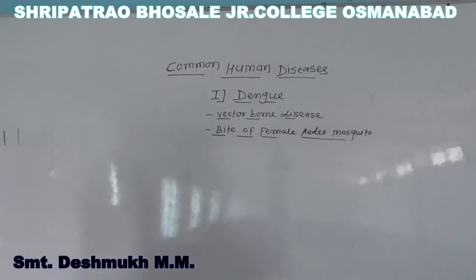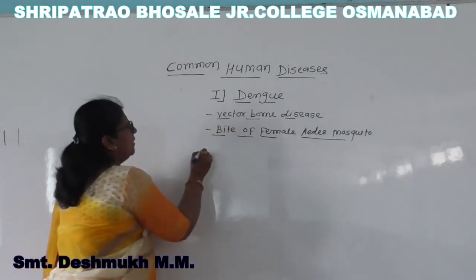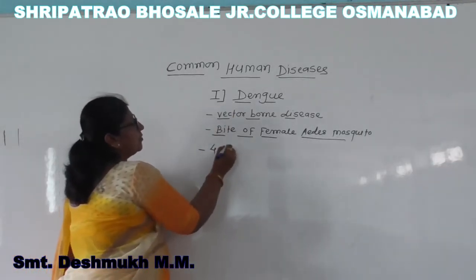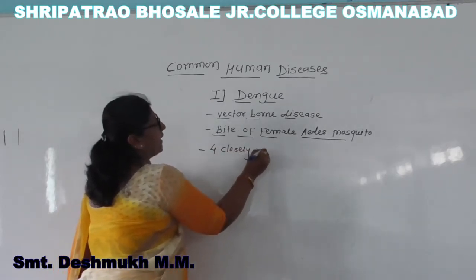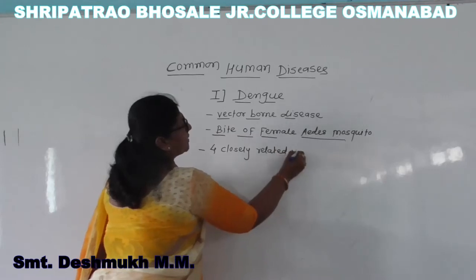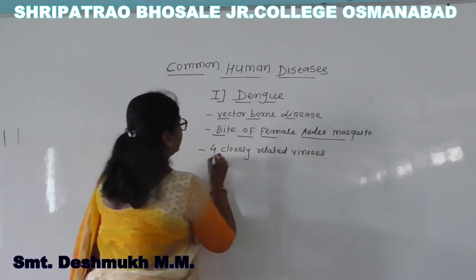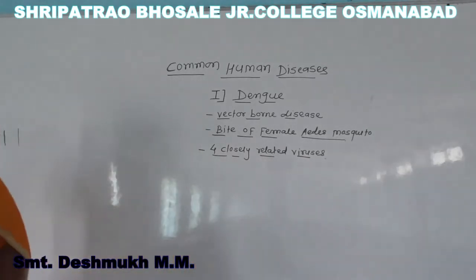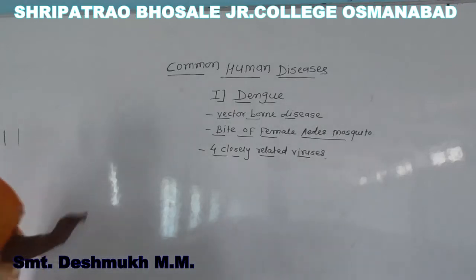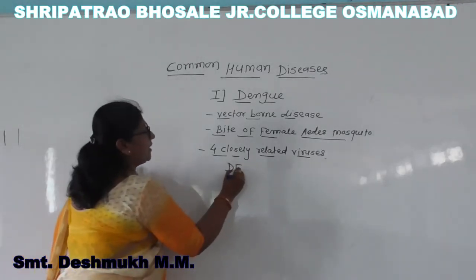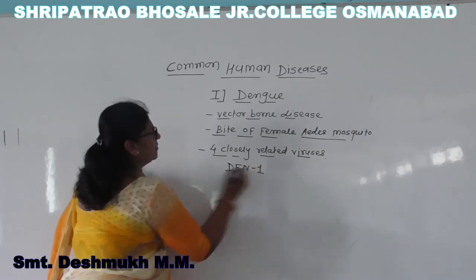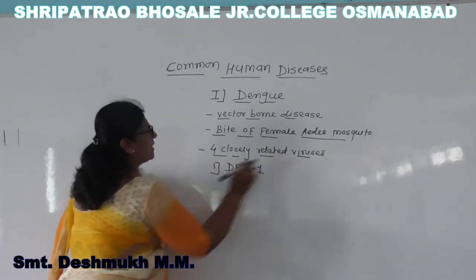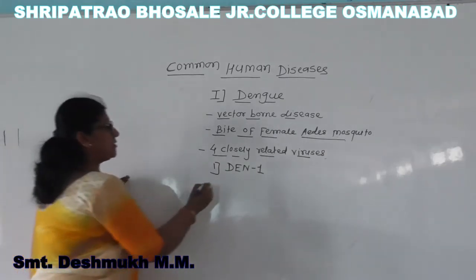Dengue is caused by 4 closely related viruses. First is DEN-1.